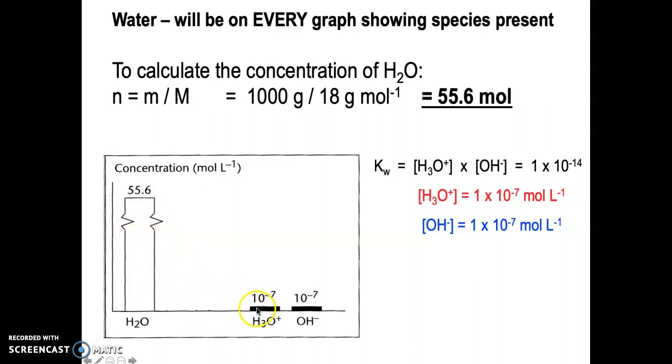And your hydronium and your hydroxides will always be present, and they will typically, in 90% of cases, be on the right hand side because their concentrations are the smallest. Whenever you see the bars equal height for the hydroniums and hydroxides, that's an indicator that you've got a neutral solution, okay, that the pH is 7.